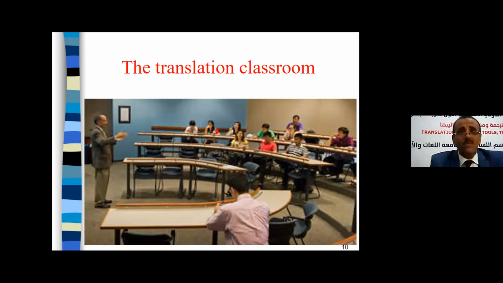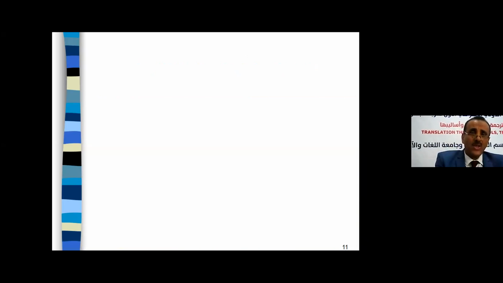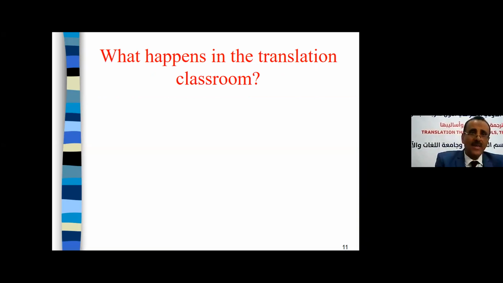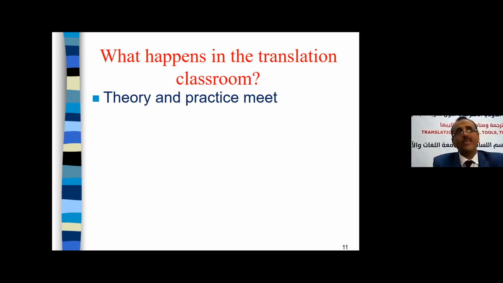Okay, so let's move now to the classroom. And this classroom is a place that tells us what happens for the translation process. So I look at the classroom as a place where theory and practice meet. Theory of translation and practice of translation meet.